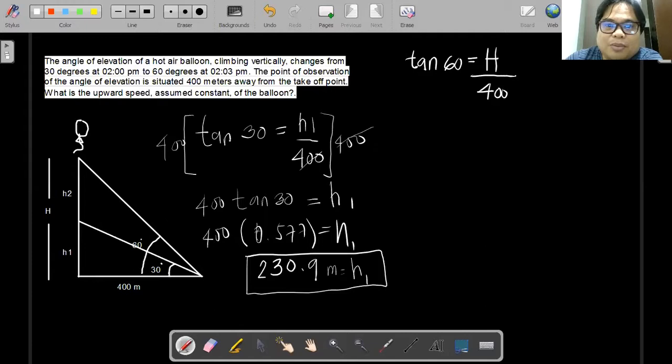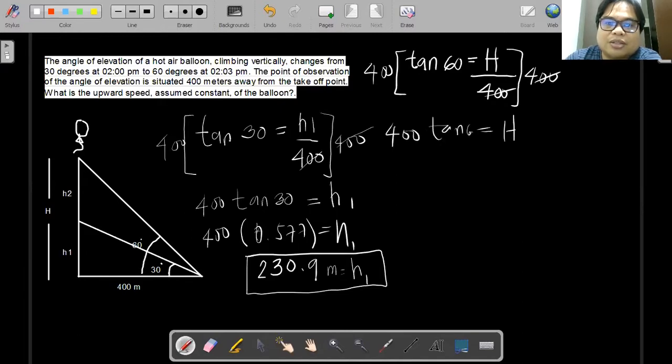Basically, we will be doing almost the same thing. We will cross multiply, or multiply both sides by 400, so that we can cancel this 400 out. All you have left is H, so that we can solve for the big H, which is 400 tangent 60.